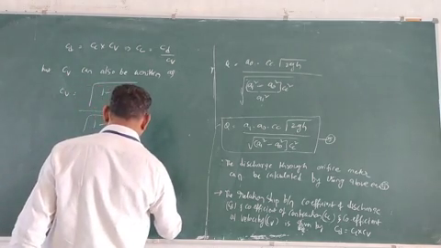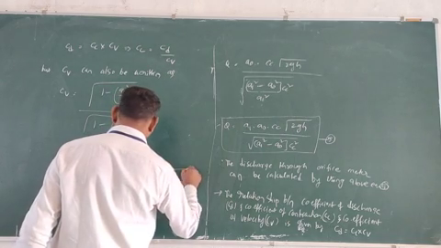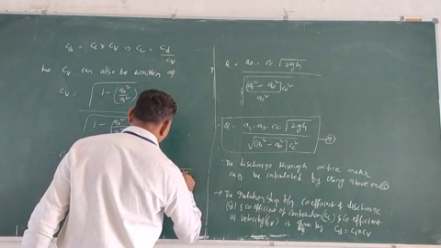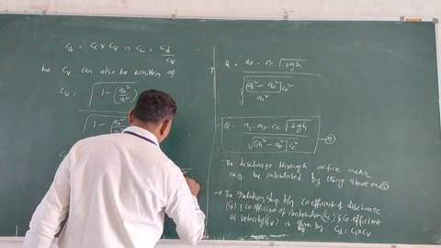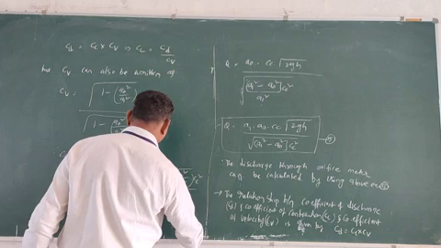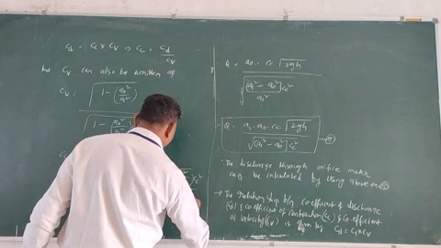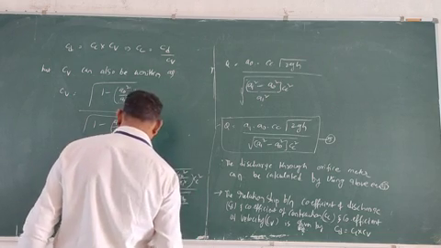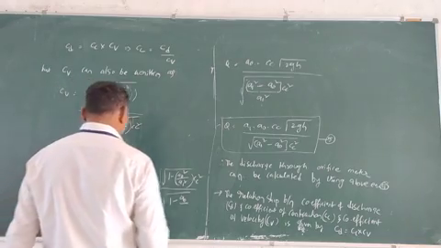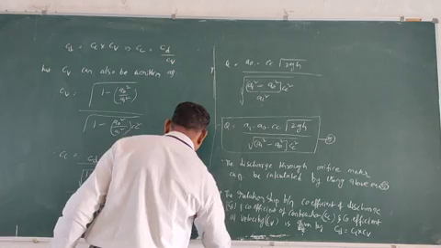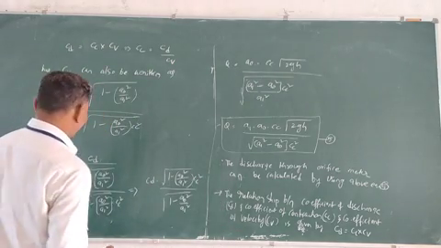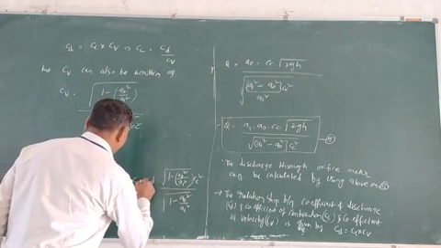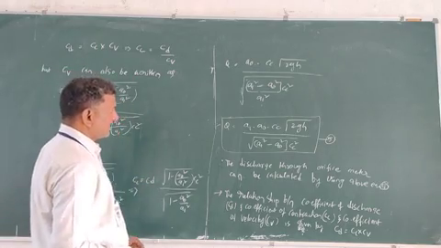This is equal to CD into square root of 1 minus A naught square by A1 square into CC square divided by square root of 1 minus A naught square by A1 square. CC is equal to.